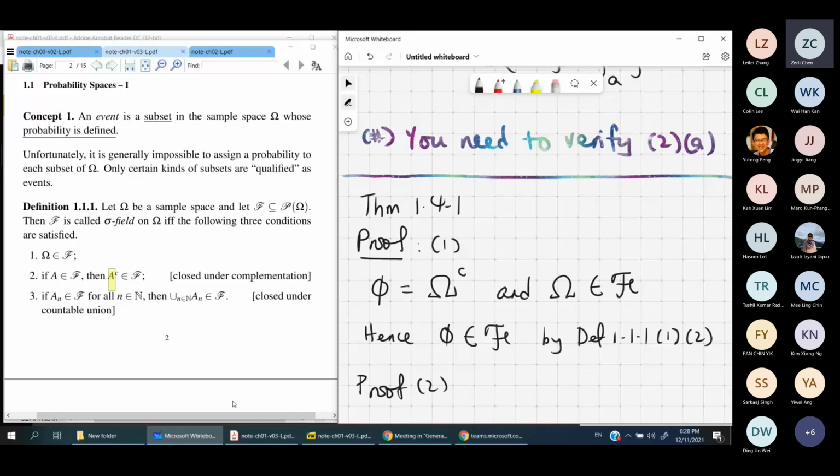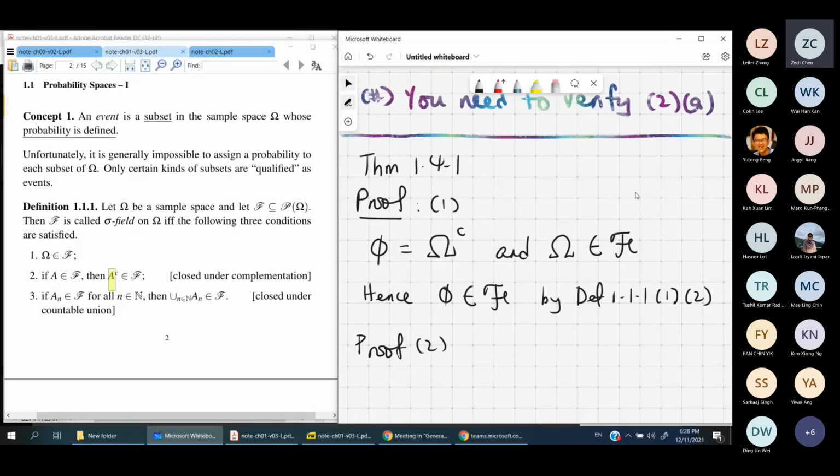How about the proof of 2? I leave it to you, so I'm not going to do it over here.